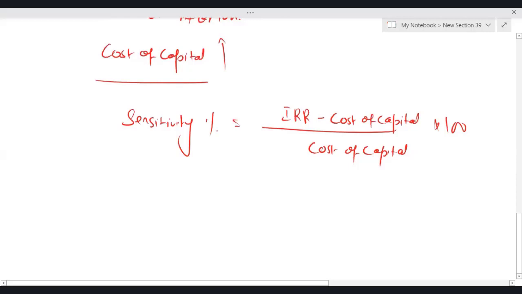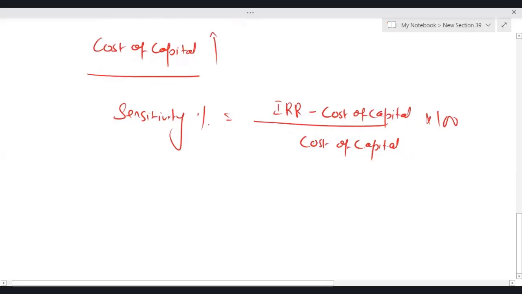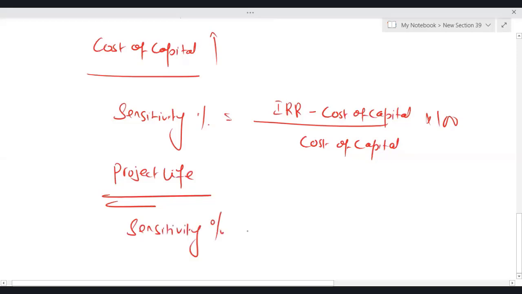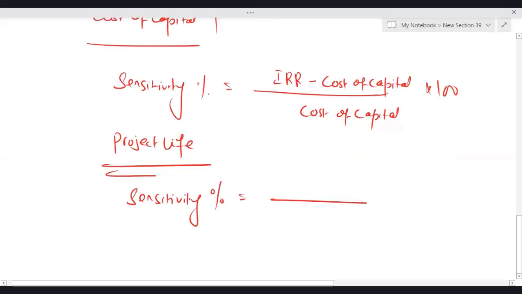What if you are applying sensitivity analysis on project life? What should be the formula? Quickly, students, please.